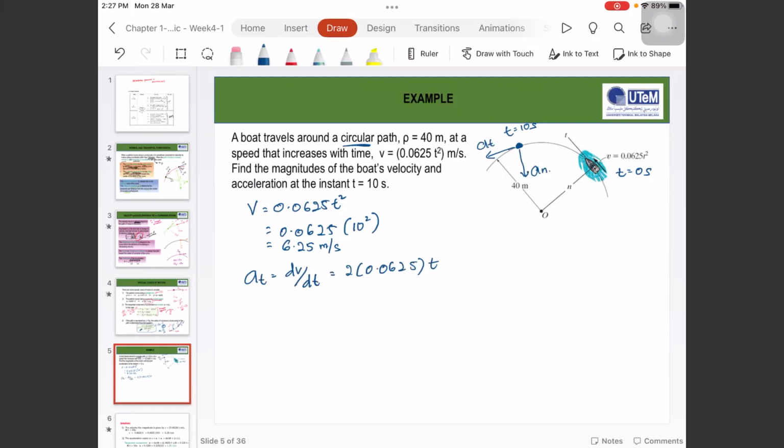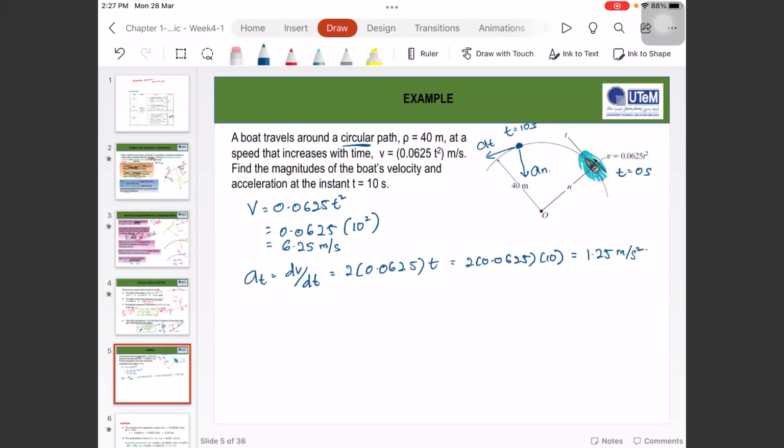Okay, so substitute the t, you get 2 times 0.0625 times 10. Okay, so you will get 1.25, okay, 1.25 meter per second squared.